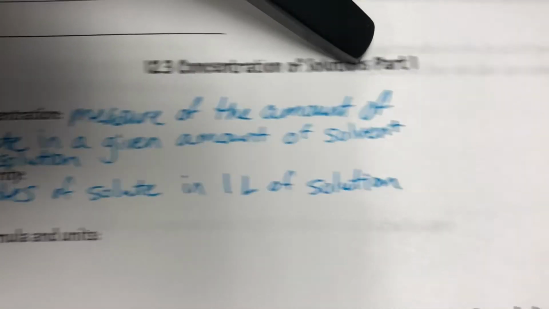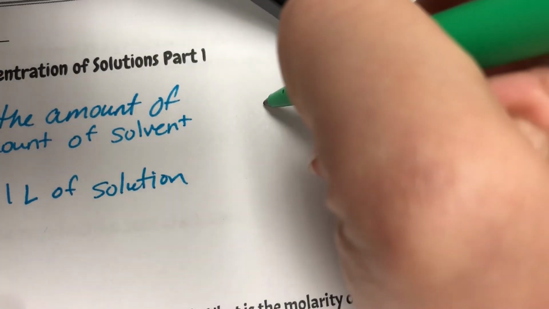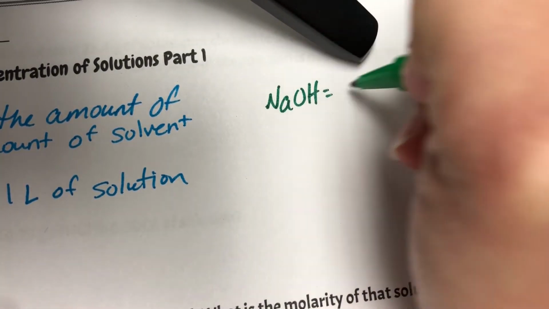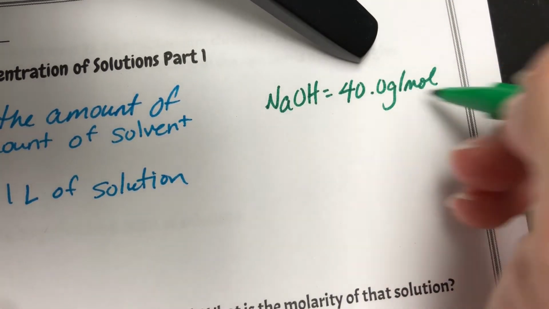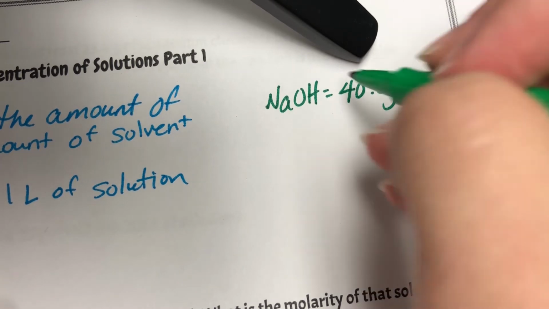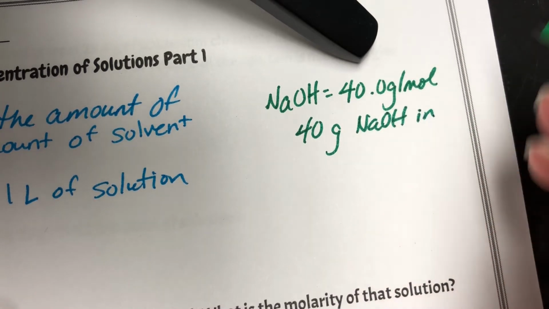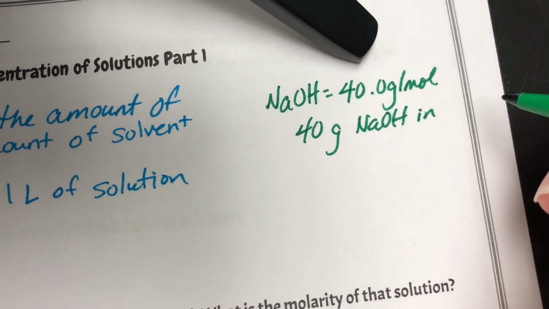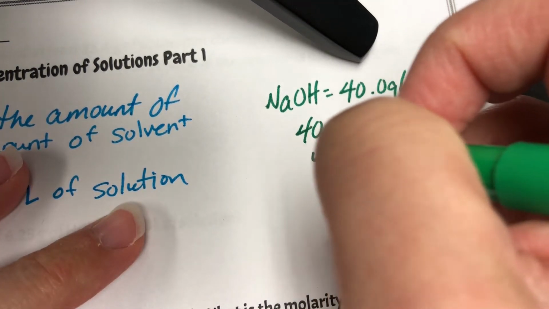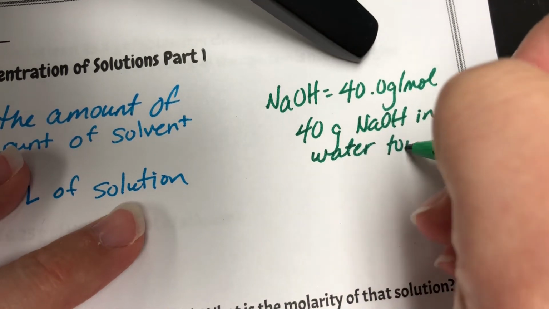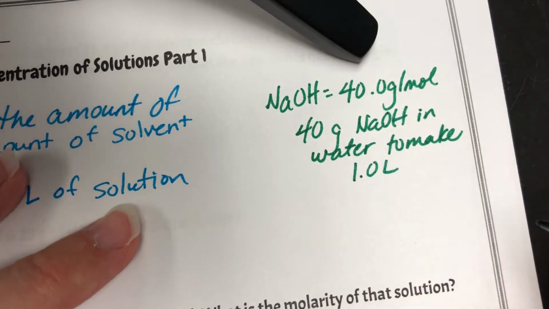Okay, so let me write that out over here in this space. I'm going to change color. All right. Okay, so if we have NaOH, it has a molar mass of 40 grams per mole, right? So if I dissolve 40 grams of NaOH in enough water to make 1 liter of my solution.